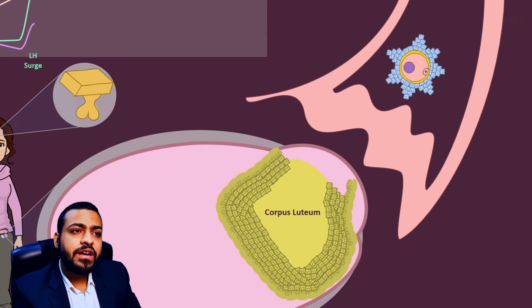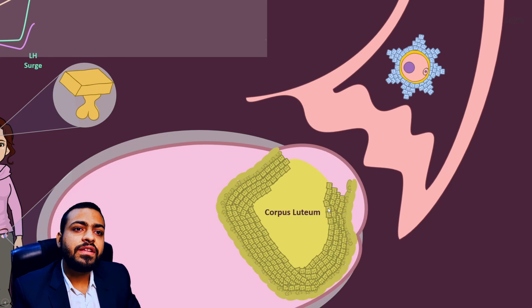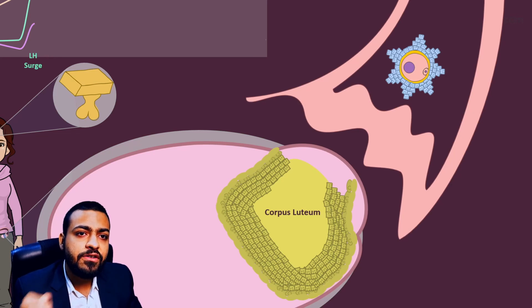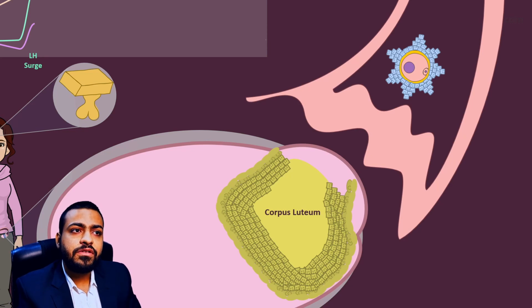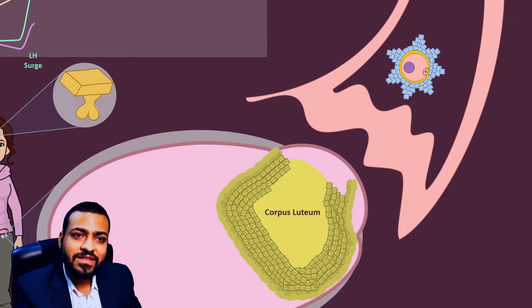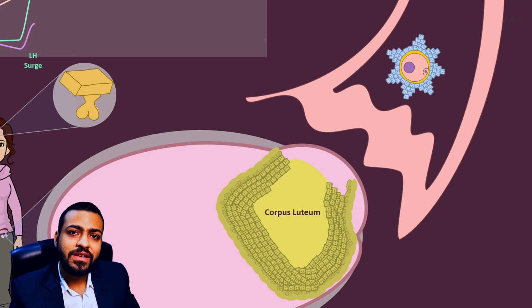It acts indirectly by causing the process of ovulation, and directly by forcing these granulosa cells to convert into specialized progesterone secreting cells called lutein cells. So when they say LH luteinizes granulosa cells, the meaning is that LH converts granulosa cells into lutein cells, progesterone secreting cells.